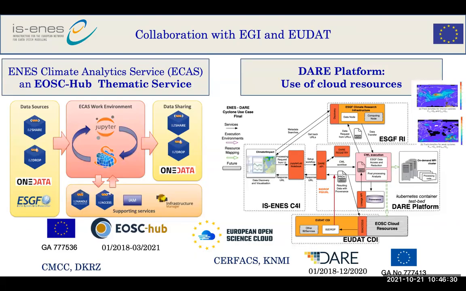So this is a way to provide a subset available for a much larger community and the climate services. One key aspect is to see how we can really strengthen this climate analytics service and also make it available to a wider community.